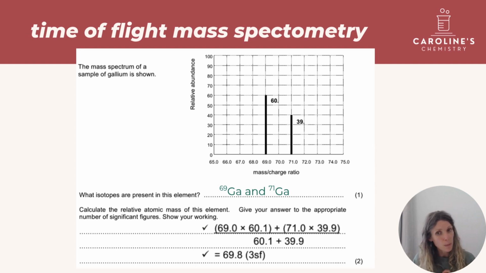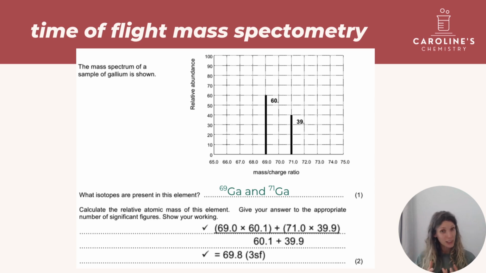For the second one, we're calculating the relative atomic mass. Now the way to do that is to try and find, first of all, the total mass of all of the isotopes added together. That's the first line of that working there. So what we do initially is we take the 69, the mass of the first isotope, and multiply it by how much we have of it, 60.1.